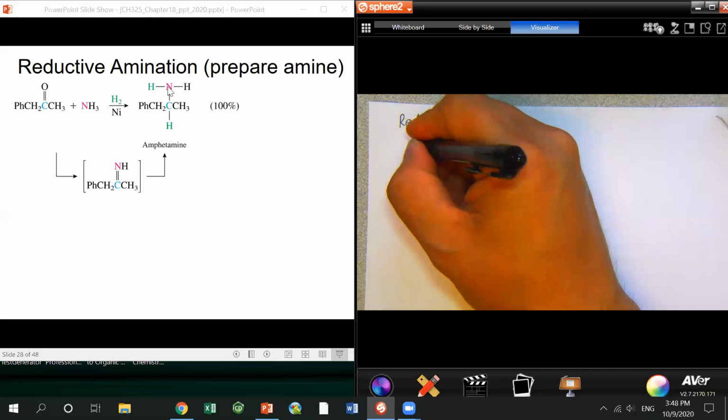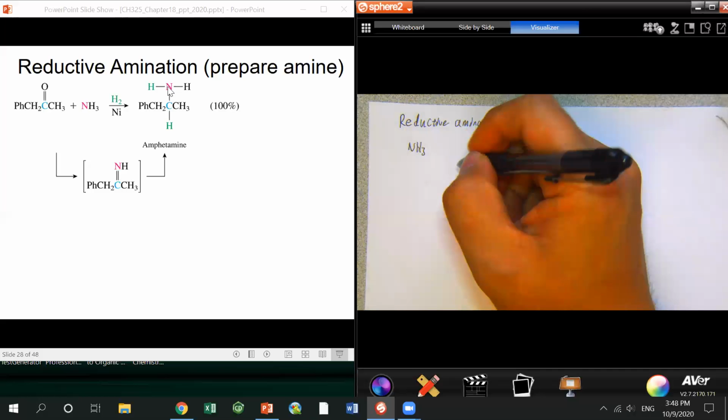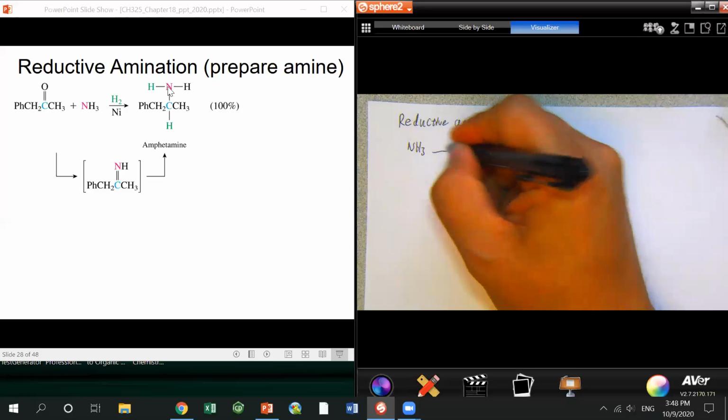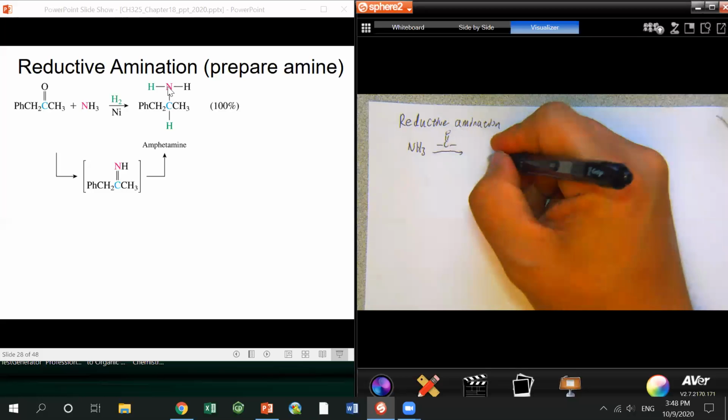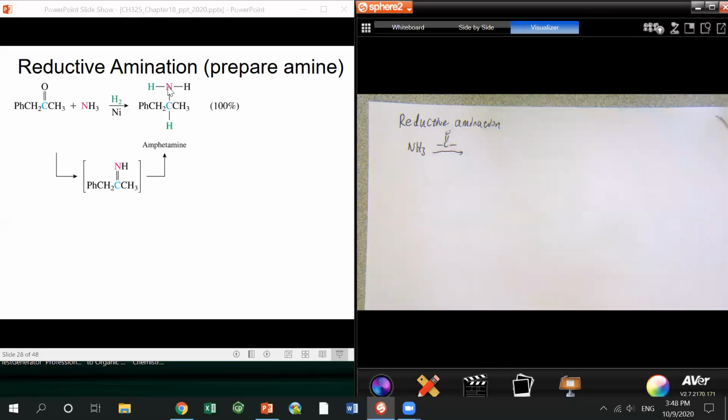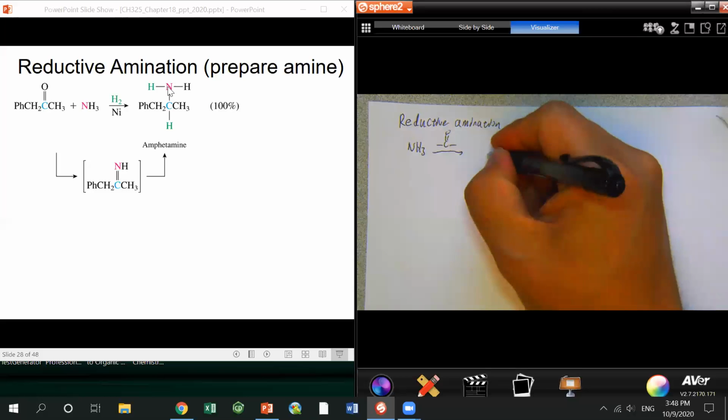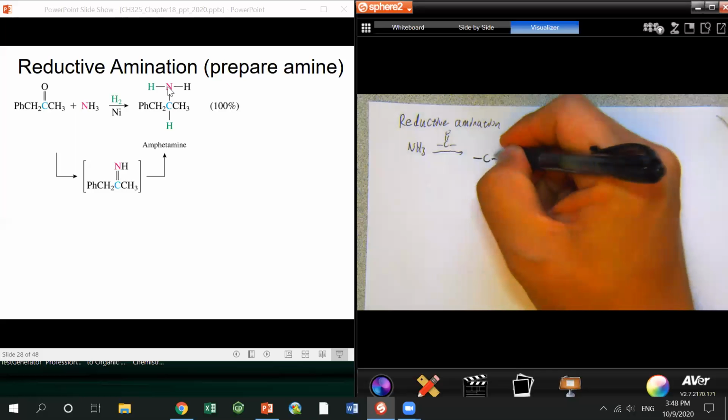It really depends on your starting material. If you have a primary amine as the starting material, you react it with an aldehyde or ketone, and you get an imine as the product.